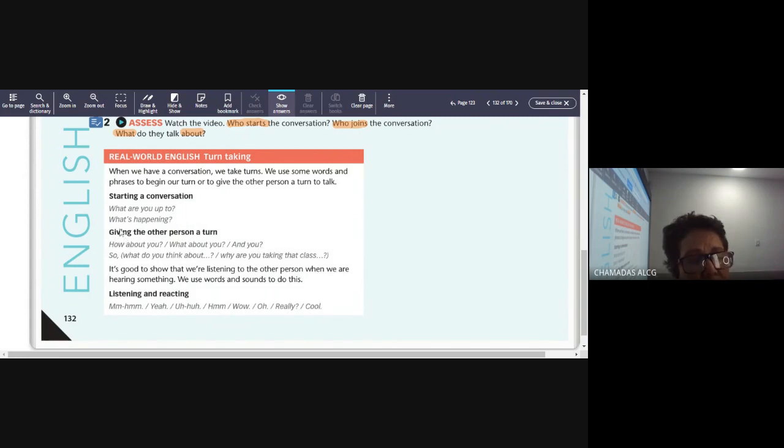A segunda parte, giving the other person a turn, ou seja, dando a vez para uma outra pessoa. Então, você já falou, a pessoa também, agora você quer dar a chance de uma outra pessoa, de repente, uma terceira pessoa falar. Você quer incluir aquela pessoa na conversa. Muitas vezes a gente faz isso automaticamente, né?